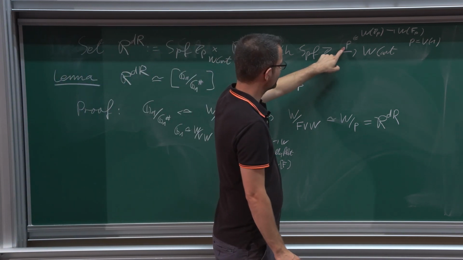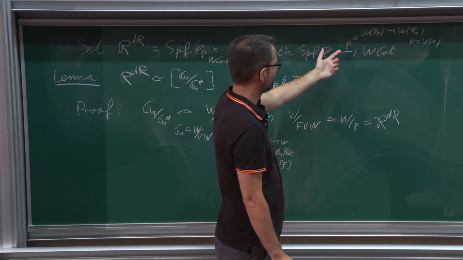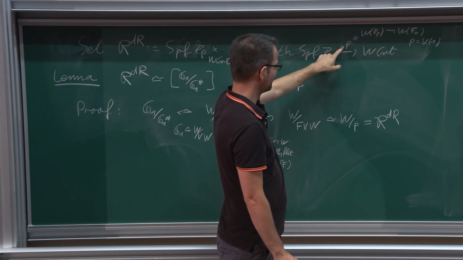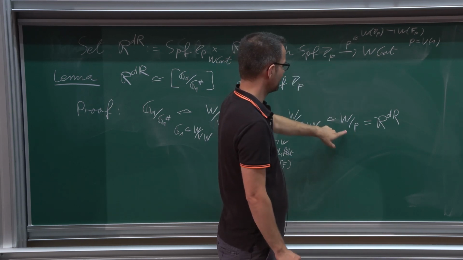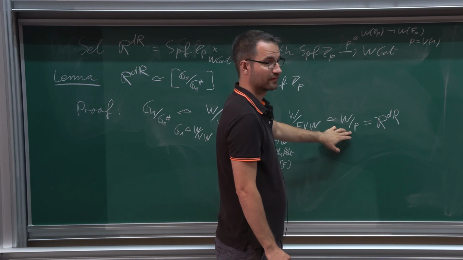Just from the definition of this point p, namely the ring stack is given by the multiplication by p on W. And of course here, what I mean is this quotient in the derived sense.